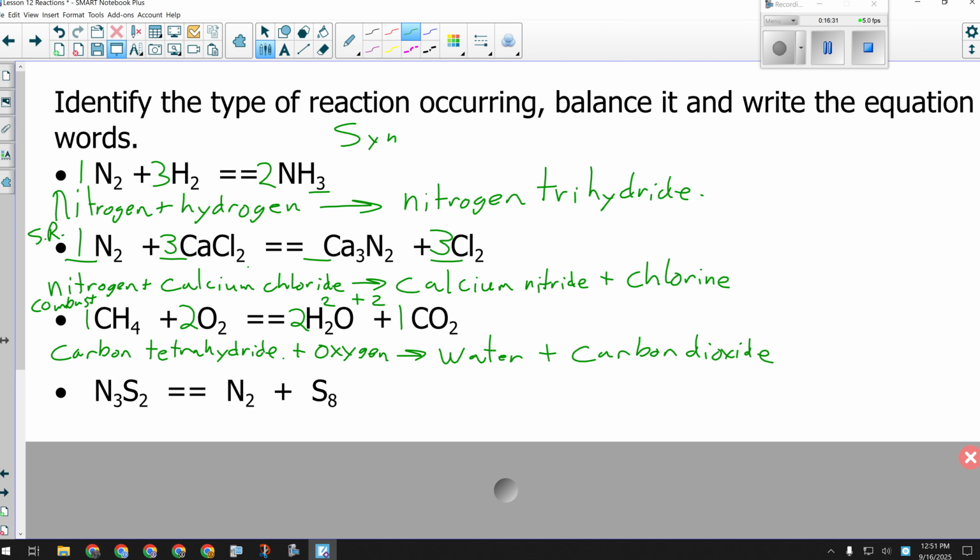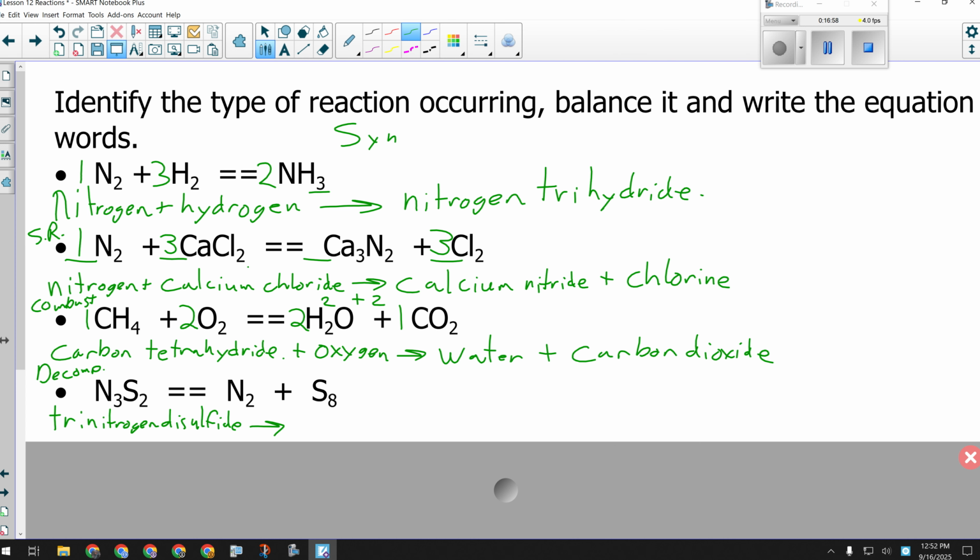Last one. What kind of reaction is that? It's a decomposition reaction. If we're writing that out in words, this is molecular. Most decomposition reactions are, they usually do start with a molecular compound. This would be trinitrogen disulfide.